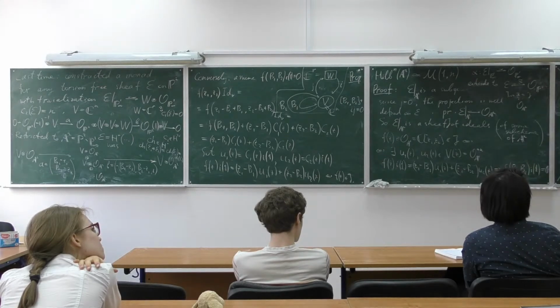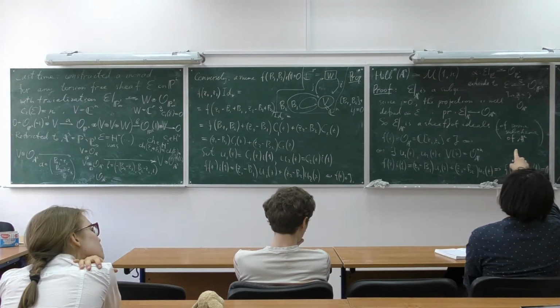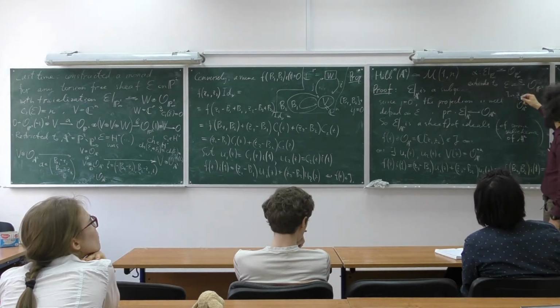Well, we can, but what we want to see is that any J can be obtained this way. Is it true that here we want to restrict to A2? Yeah, as always.